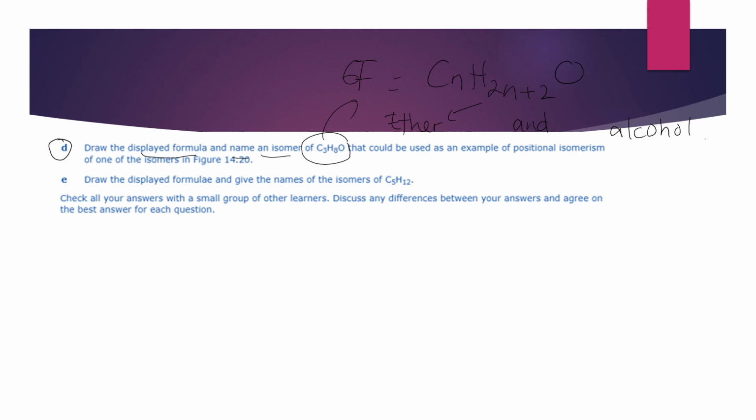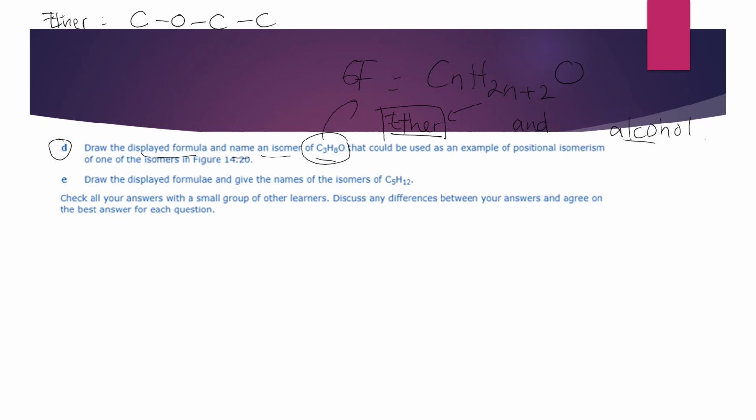For the group of ether with 3 carbon atoms, then COC.